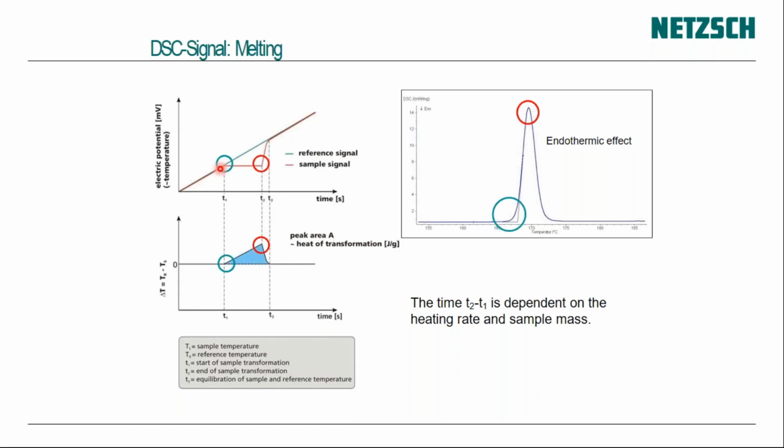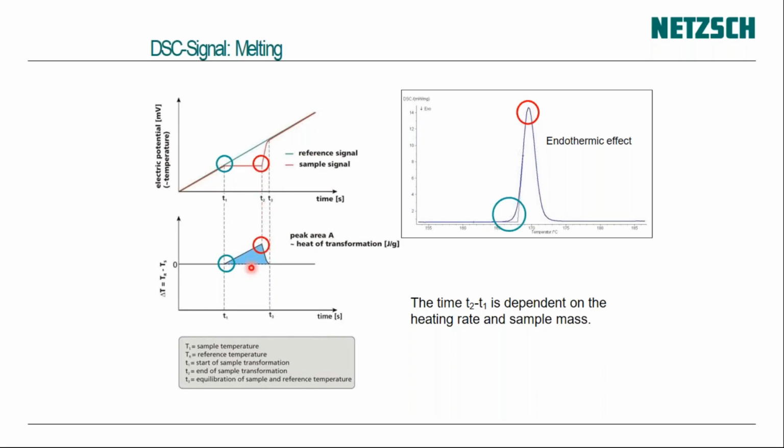The energy is getting into the sample until it reaches equilibrium. It reaches the equilibrium point here, and then from here it goes up and meets the reference signal.